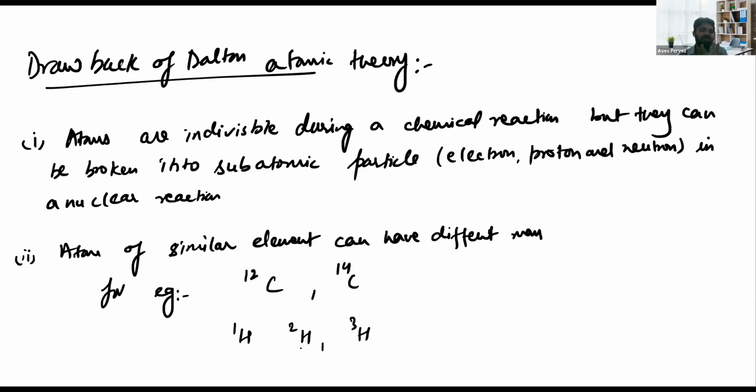This type of atom, with different masses but the same element, is called an isotope. It's the same carbon, but different mass. So we call them isotopes. We'll write here that atoms of a similar element can have different masses in case of isotopes.